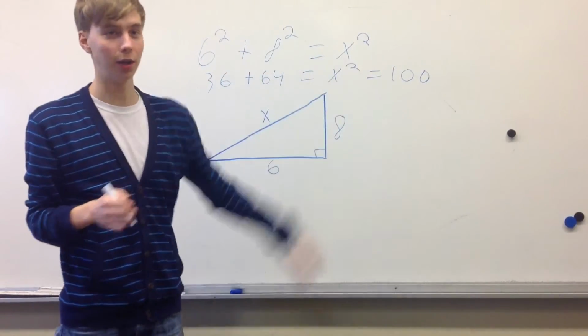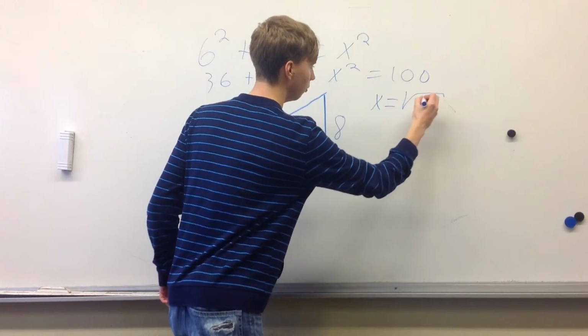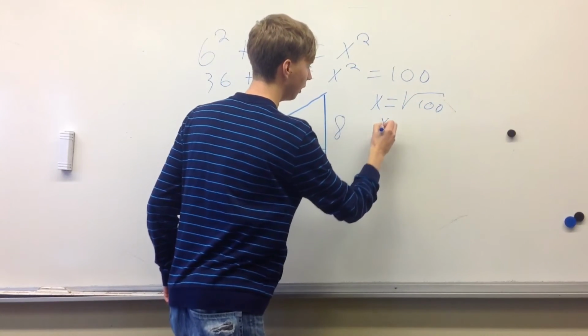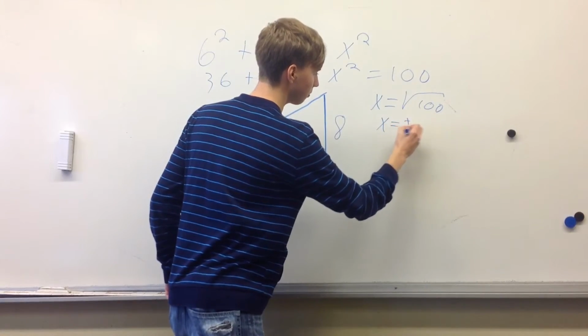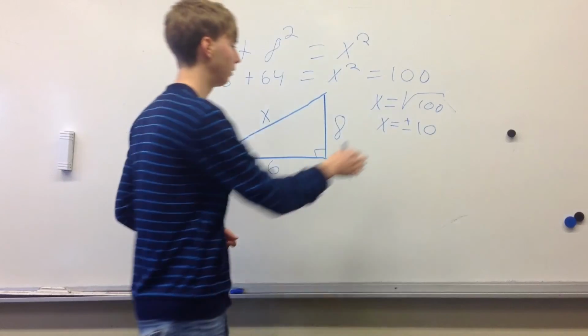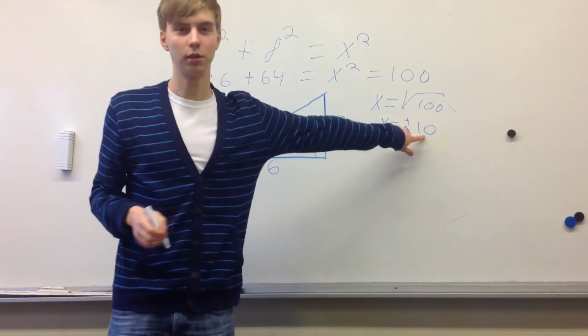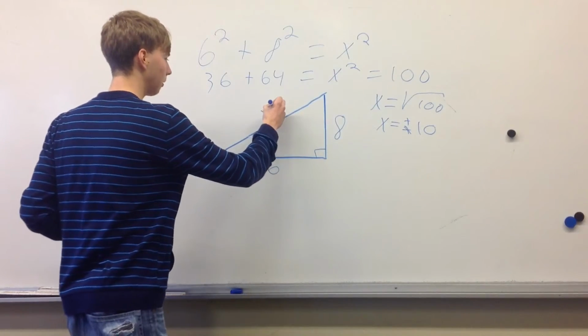And if x squared equals 100, x must be the root of 100, x is plus minus 10. And since we're talking about length, the negative really isn't that interesting. So the hypotenuse is 10 units long.